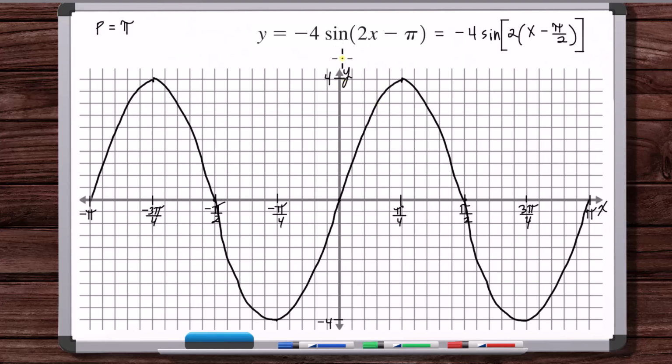We had the sine curve that's been shifted to the right pi over 2. There's the phase shift. This sine curve is like sine of 2x, or minus 4 sine 2x, right? Amplitude of 4 flipped about the x-axis. Period shrunk by 2. Minus 4 sine 2x has been shifted to the right pi over 2.